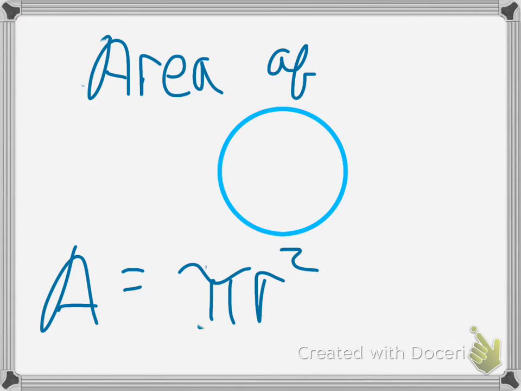All right, so that's the formula for a circle. We're going to use that information. This is a formula you're going to need to know. We're going to practice writing it again and again today.